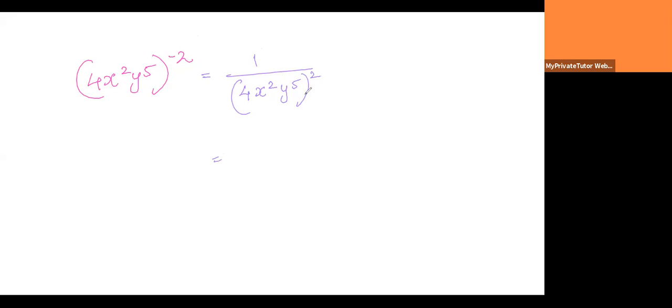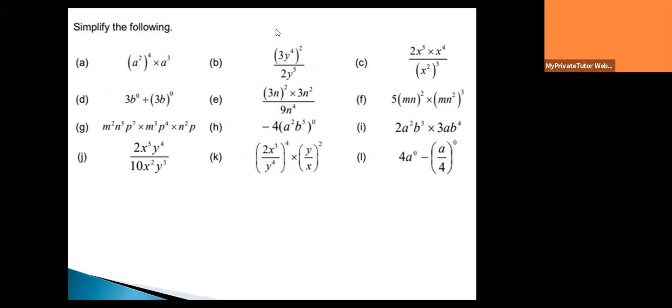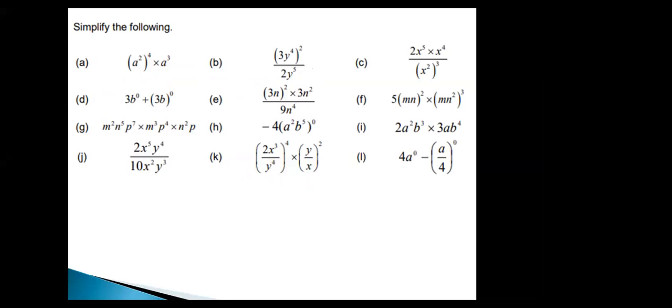Then distribute the exponent. 4 square x power 4 y power 10, and then 4 square becomes 16. That's it. That's the final answer. Hope everyone understands this. Yes, sir. Okay, great.